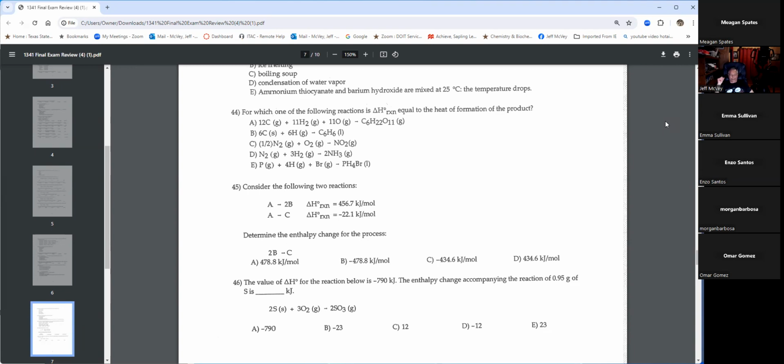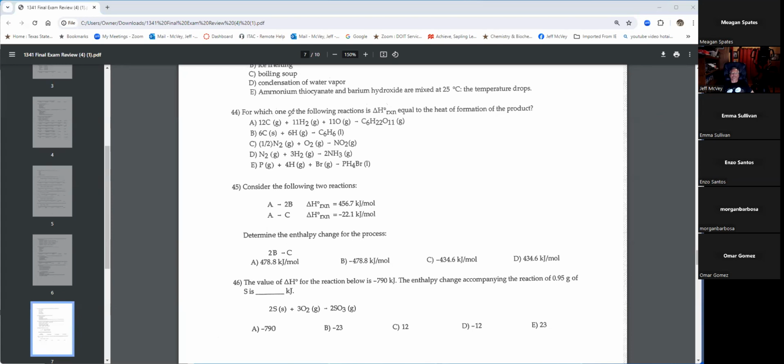You might have forgotten. I mean, what did we do at the beginning of the semester? We did dimensional analysis, naming, isotopes, molecular formulas, ionic formulas. All of that stuff was a few months ago. Human beings, that stuff might still be in there, but it might be really hard to pull out of your brain. Let me go ahead and do 44 here.